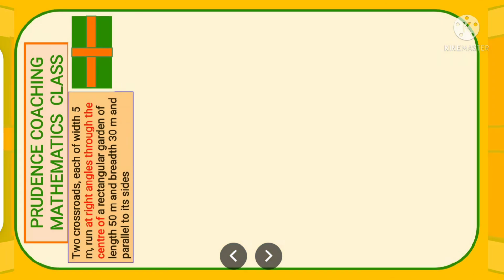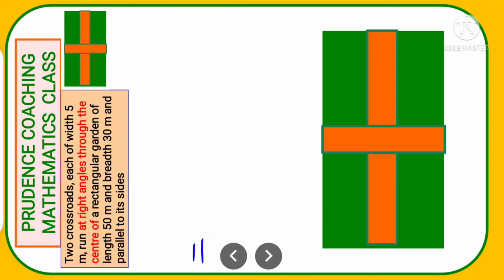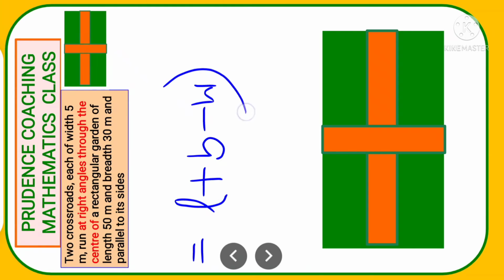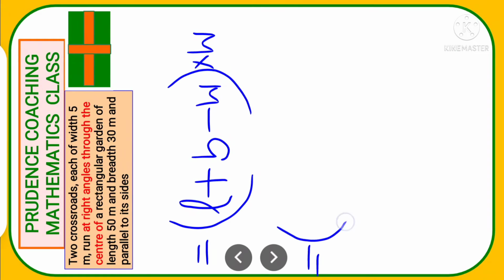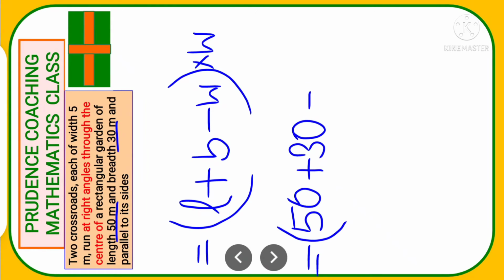So the trick for calculating the area of this path is length plus breadth minus W, into W. Let us calculate. Here length is 50 meter, so 50 plus breadth 30 meter, minus width 5 meter, whole multiplied by 5.